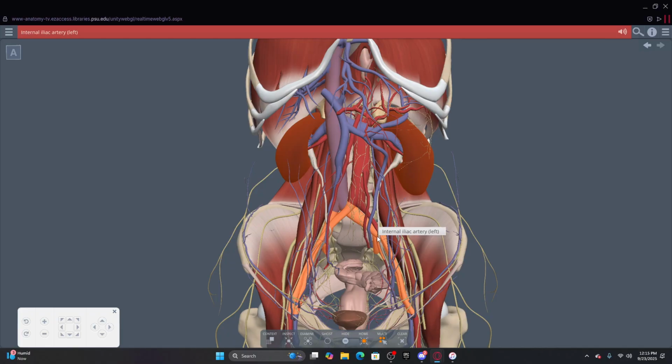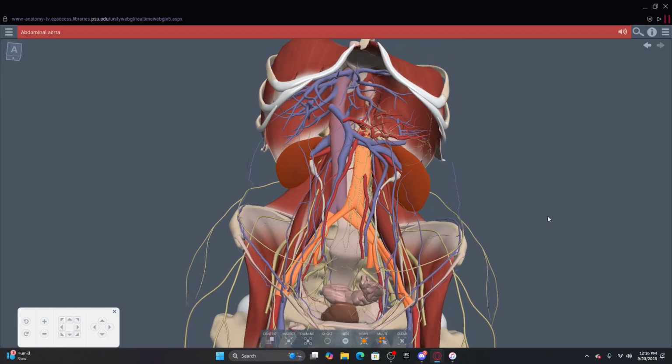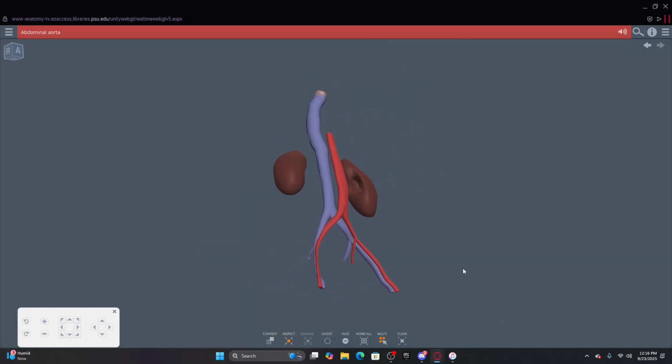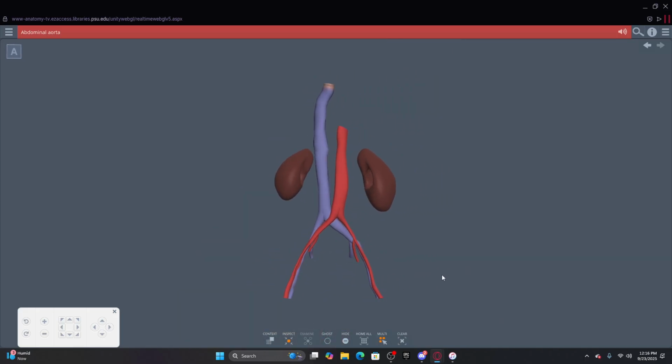The arteries and the veins are running right next to each other. Okay. There we go. Pretty sure that is it. Makes sense. They're running directly with each other.